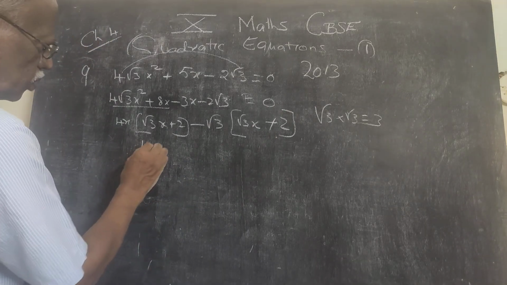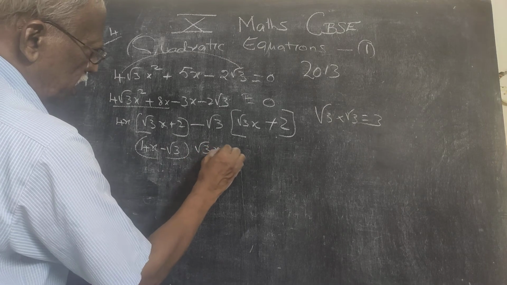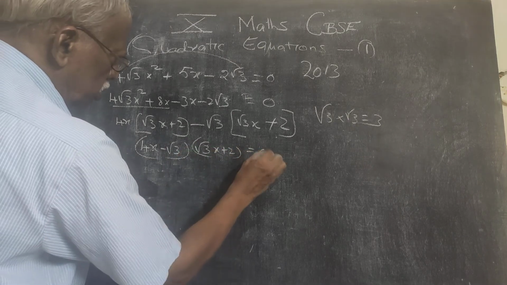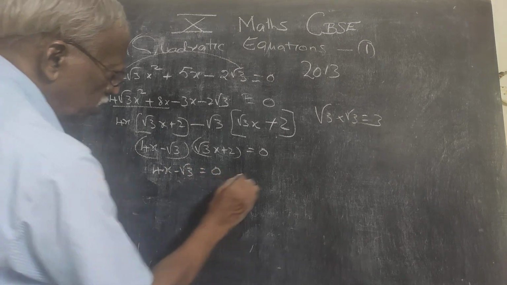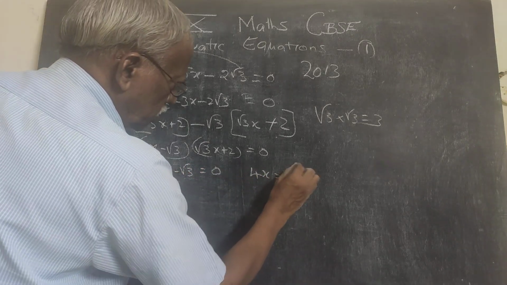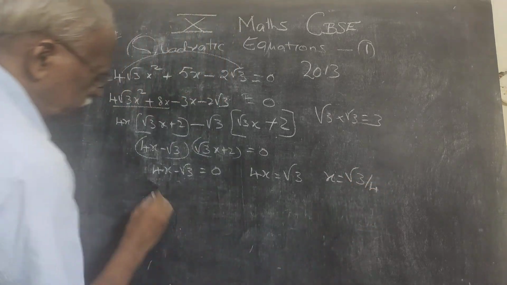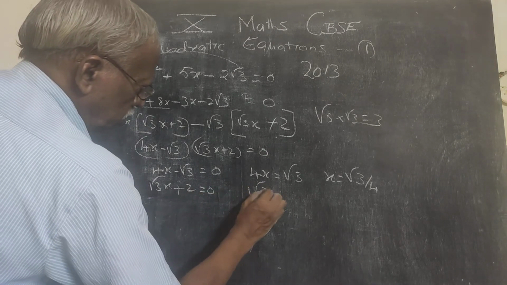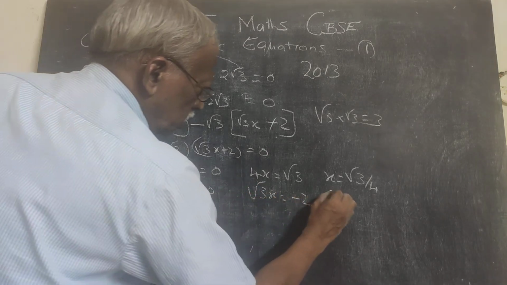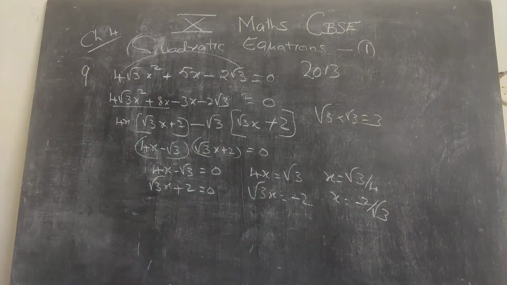So the answer is (4x − √3)(√3 x + 2) = 0. So 4x − √3 = 0, 4x = √3, x = √3/4. And √3 x + 2 = 0, √3 x = −2, x = −2/√3.